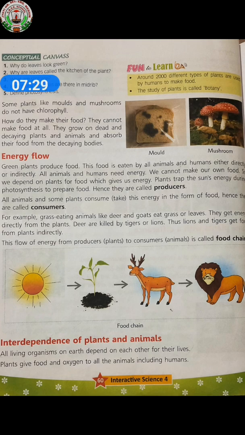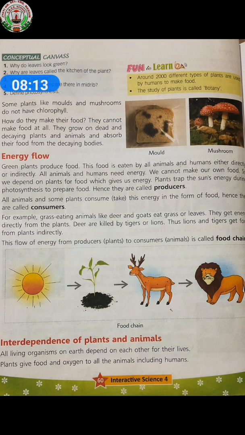Deer and goats eat grass or leaves, so they are herbivorous animals, and they get energy directly from the plants. Deer are killed by tigers or lions because they are carnivorous animals and they eat the flesh of animals. The lions and tigers get food from plants indirectly because deer eat the plants and the lion eats the deer, so they get it indirectly.